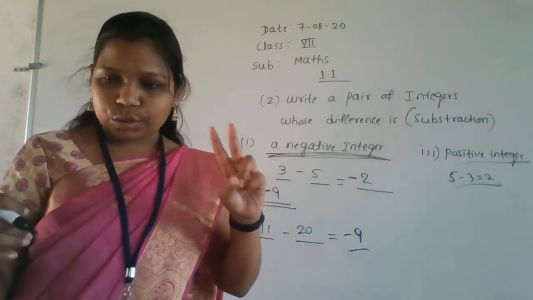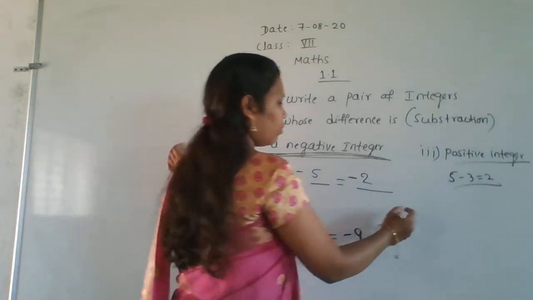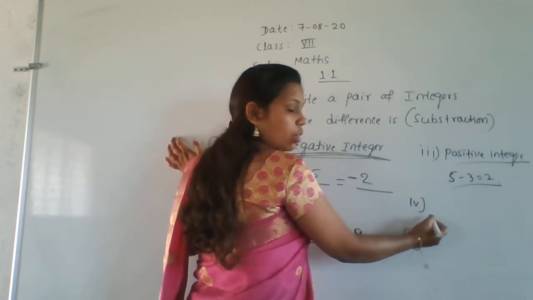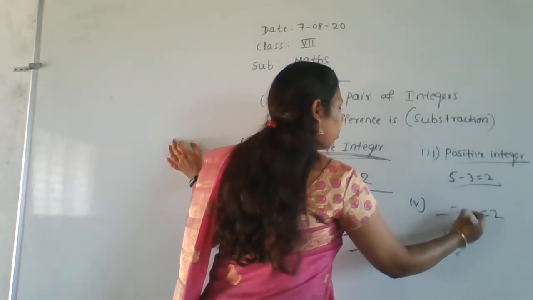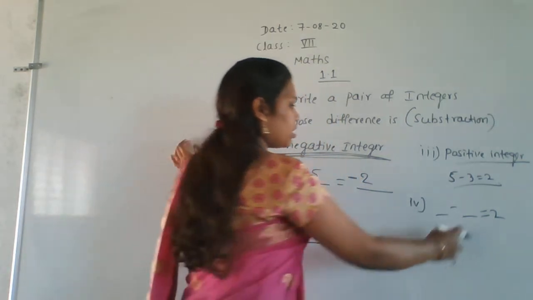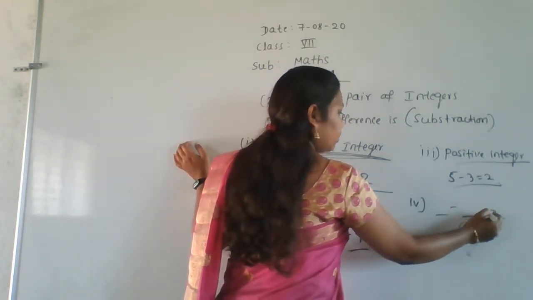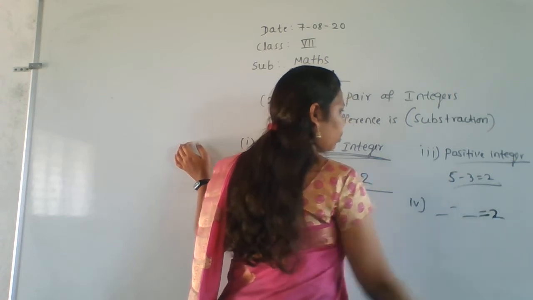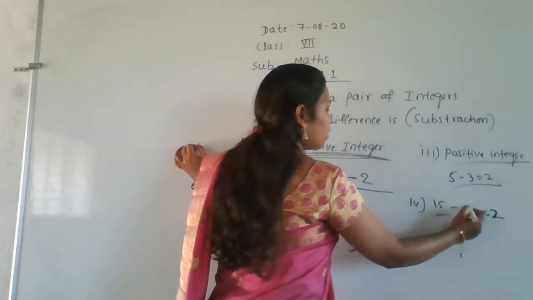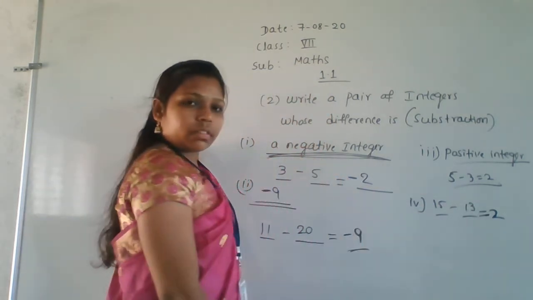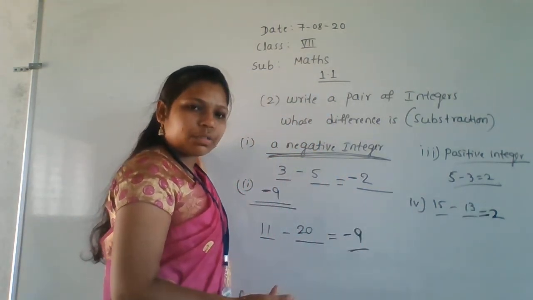Next thing is a 2. We want 2 as the answer. Fourth one, we want the answer as 2 here. We have to write two numbers, and the difference between those two numbers must be 2. Same, 5 minus 3 is 2, and again take 15 minus 13, which is also 2.